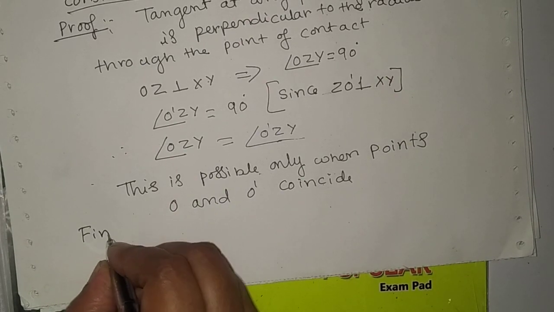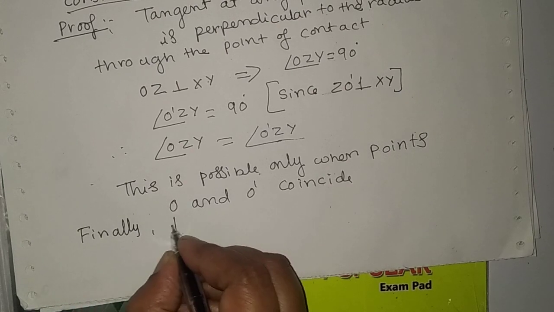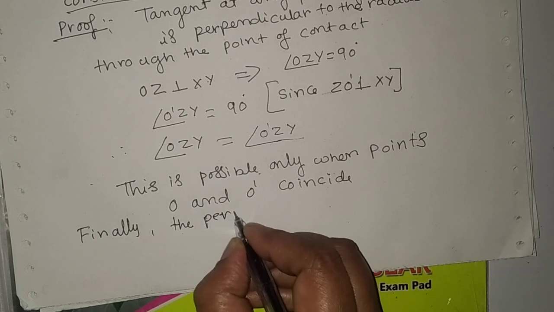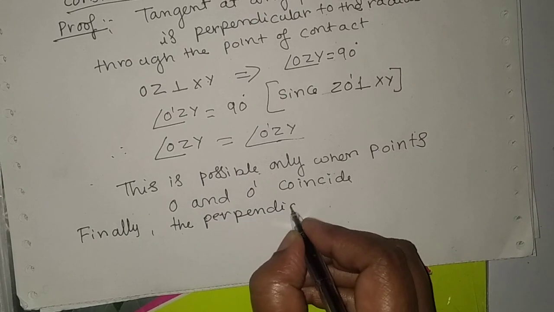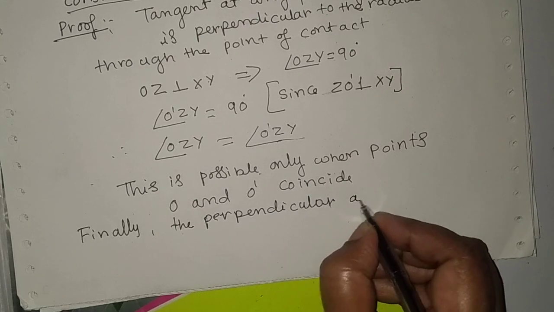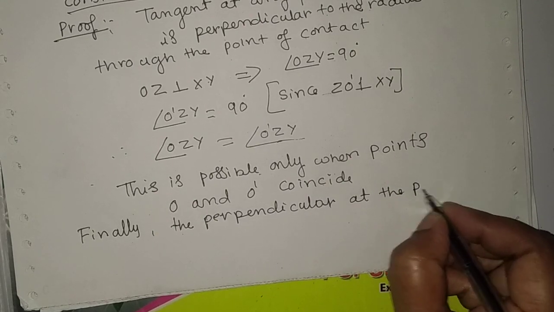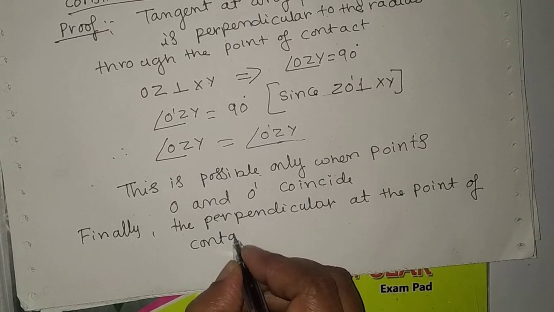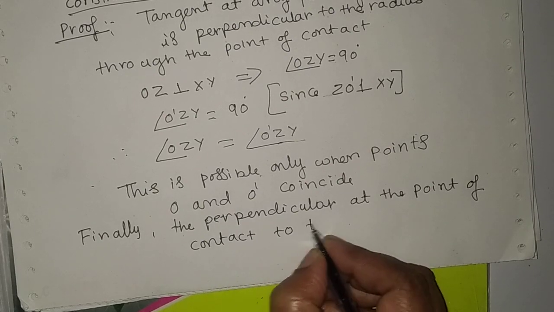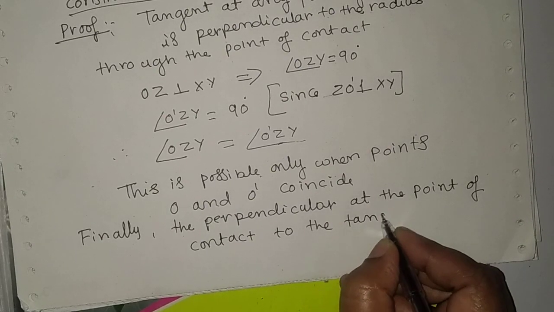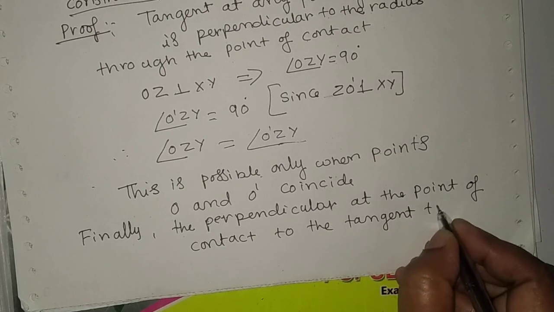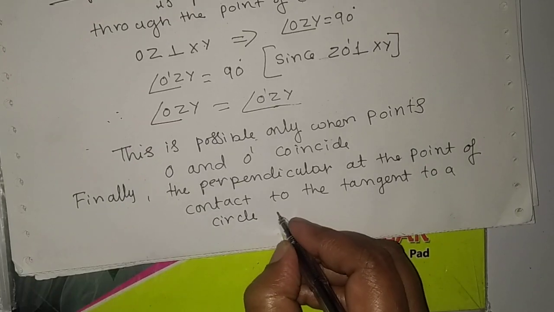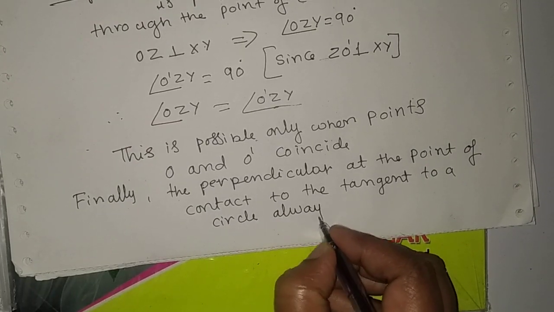Finally we have to write: the perpendicular at the point of contact to the tangent to a circle always passes through the center.